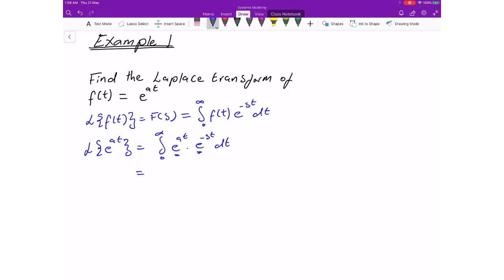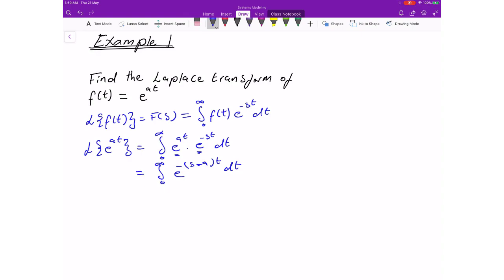So again, we integrate between 0 to infinity, and then we take minus s minus a, times t dt. Note, we put our minus here because we had a positive a. So minus times minus gives you the positive, and we have minus times the s gives you a minus s.